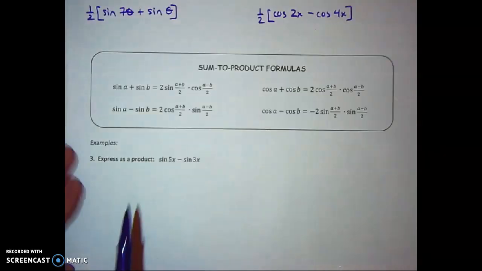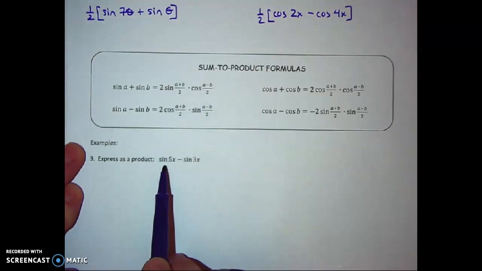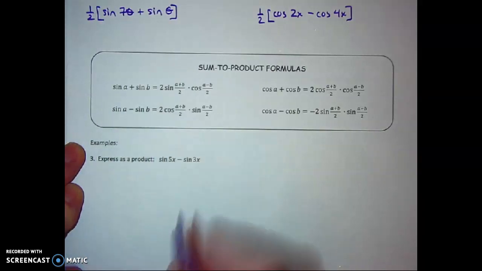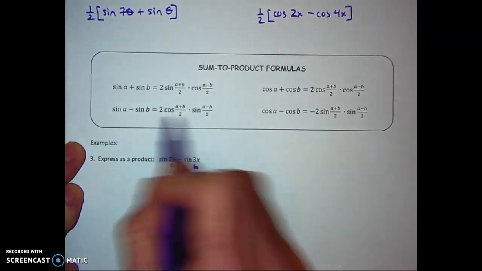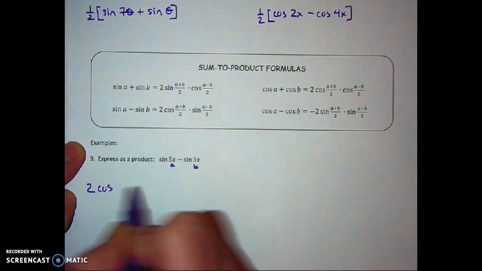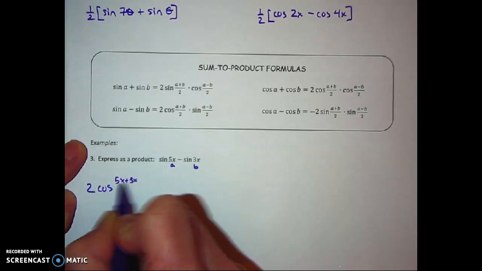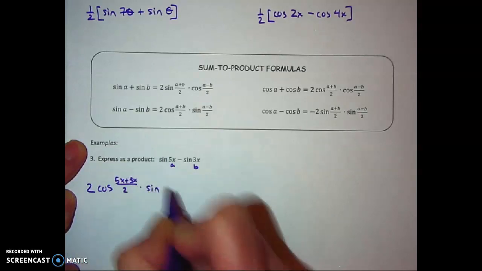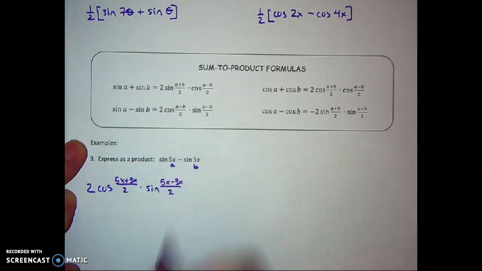Let's take a look now at a sum to product. So again, I'm going to look for, I have a sine minus the sine. I see it's the second one. And again, I'm going to just let this be my a and my b, and I'm going to apply this formula. So 2 times the cosine of a plus b, 5x plus 3x, over 2, times the sine of a minus b, so 5x minus 3x, over 2.